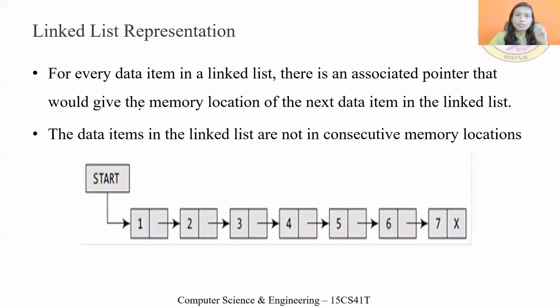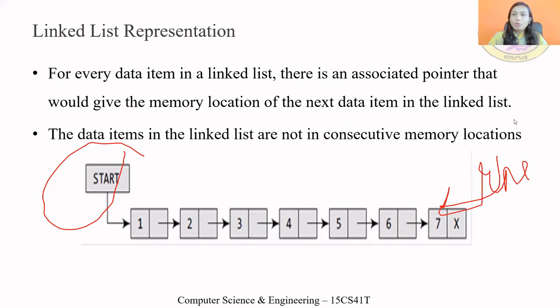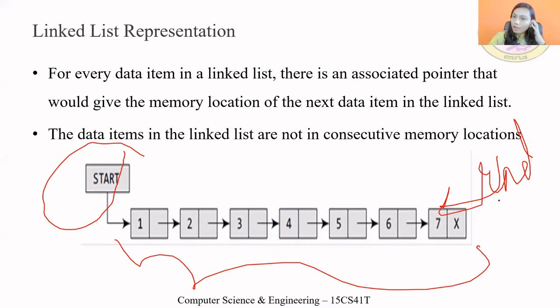This is how we represent the linked list. Sometimes you will have something called start and end. Start will give all the information about the linked list. End means to tell it is over. So here you will have these nodes like this.